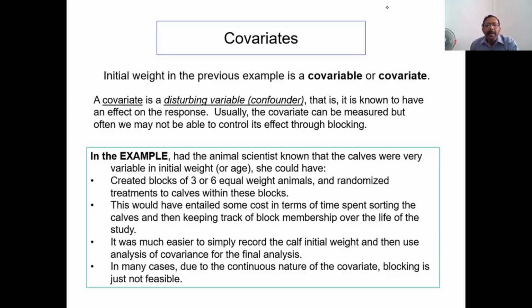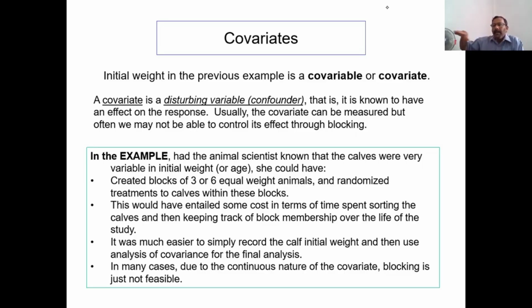Usually the covariate can be measured, but often we may not be able to control its effect through blocking. So this is a problem. We cannot control the covariate through blocking. It is a non-gradient system of variation.